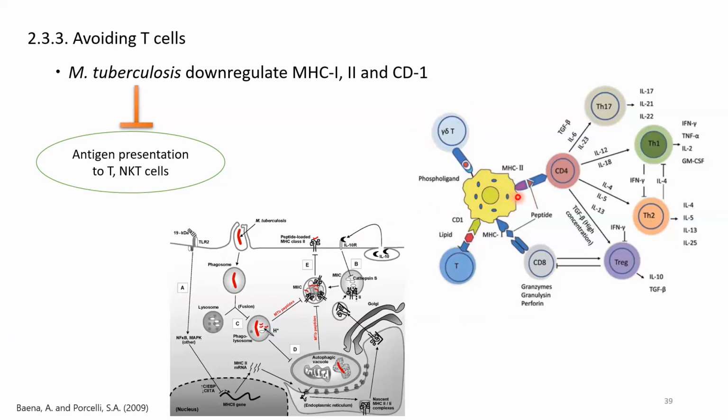And we have MHC class 1 to present antigen to trigger CD8 to produce perforin and granzyme, and to trigger T helper cells to produce a number of cytokines to activate T helper 17, T helper 1, T helper 2, and so on. But Mycobacterium is very clever.